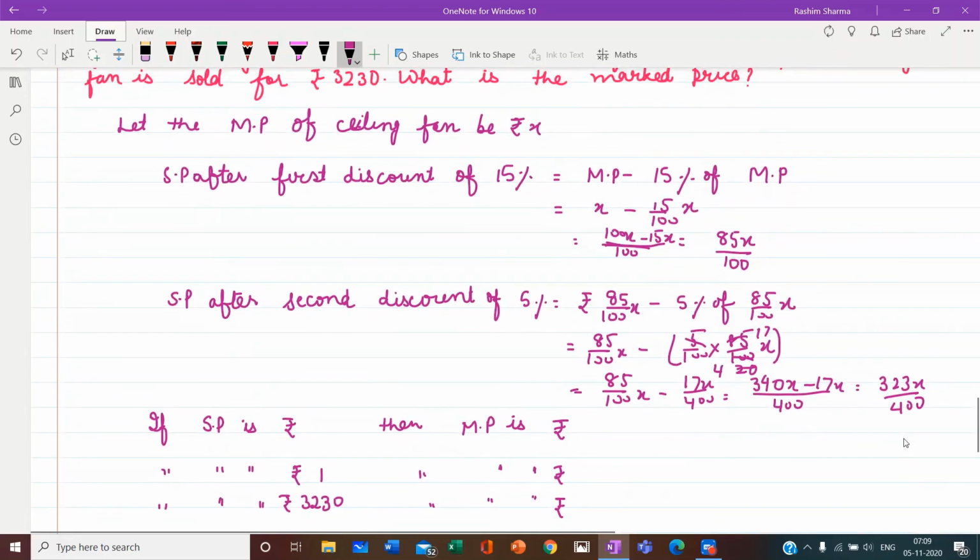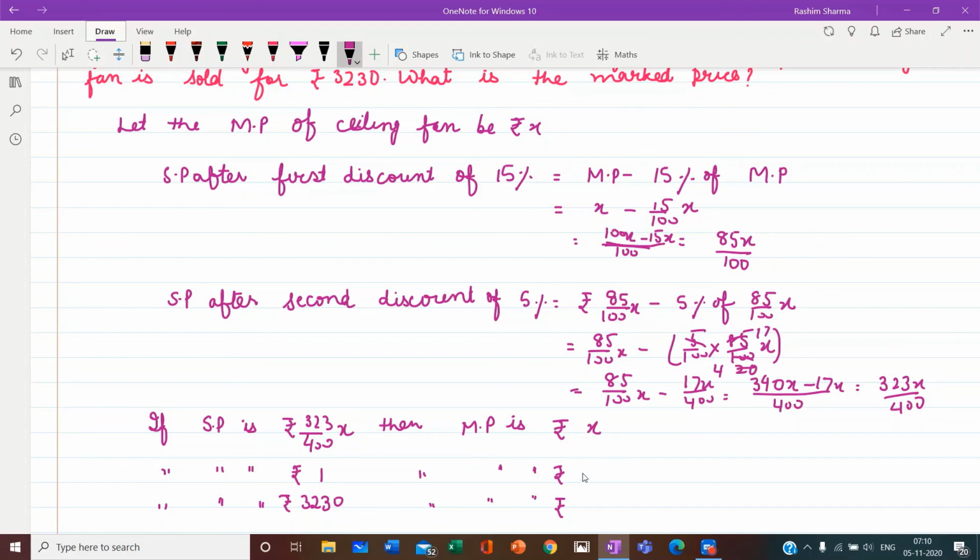Now when the selling price is 323 upon 400x, so we will write: if selling price is rupees 323x upon 400, then mark price we have taken as x.